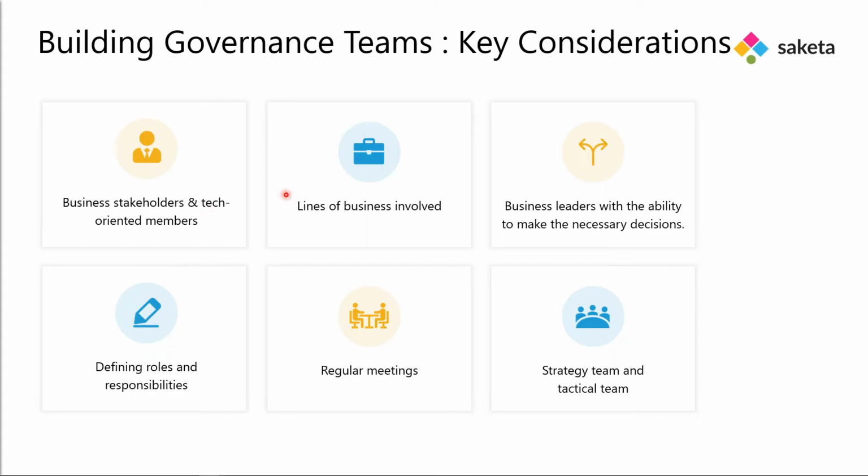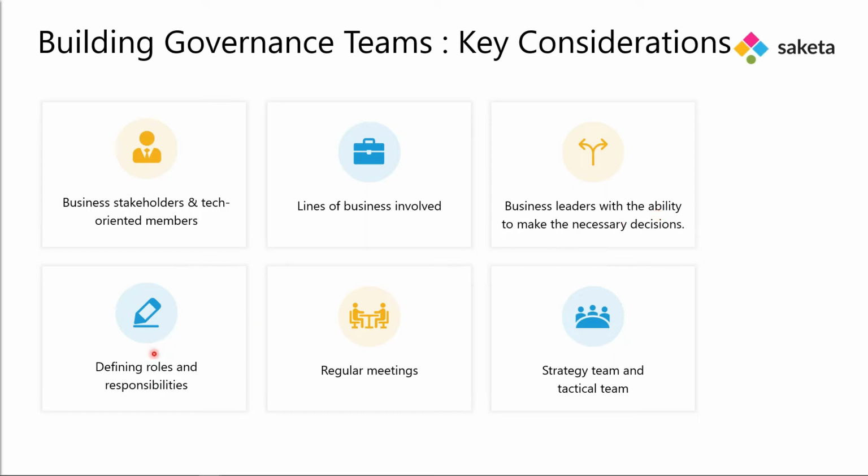So ensure at least one single point of contact from each department so that they will address the problems faced in that governance plan. And your team contains business leaders who have the ability to make decisions, so that if anything is required at any point of time, they can easily fix it.